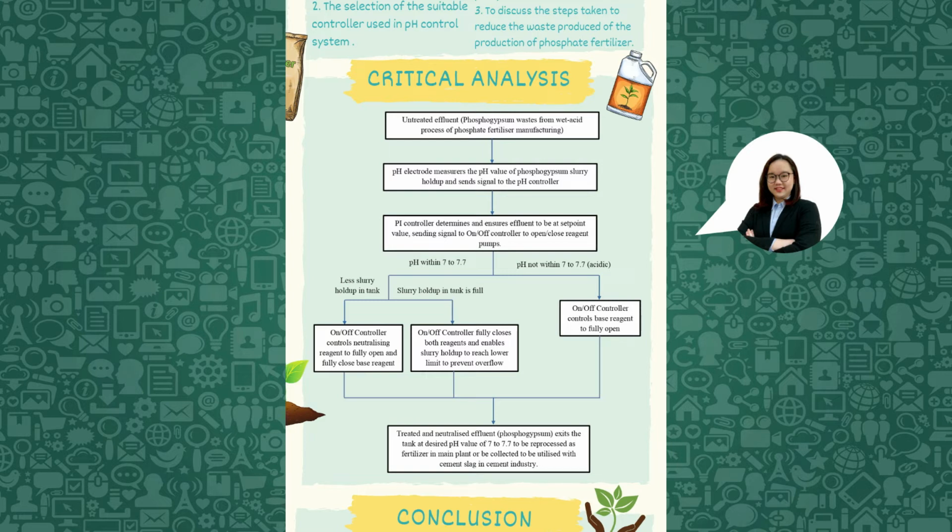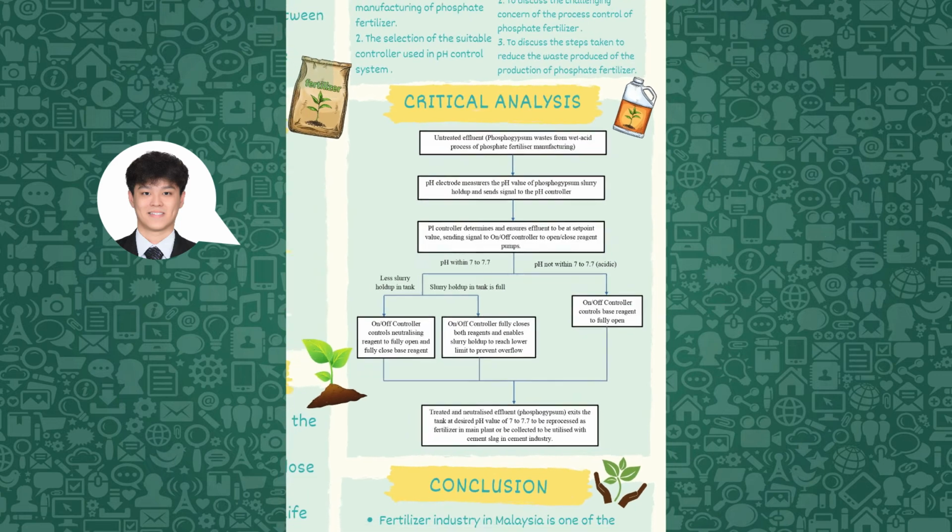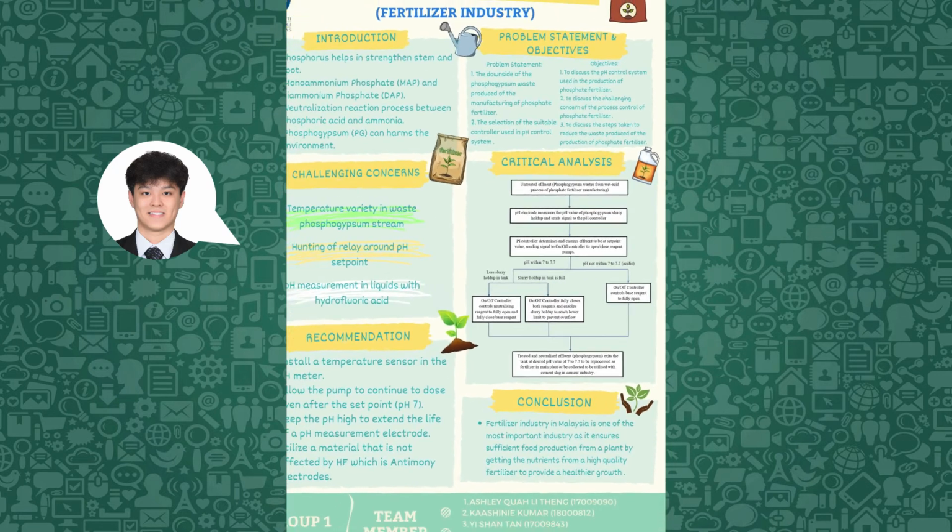This is so that overflow of the tank can be prevented. After the pH of slurry holdup in the tank is determined to be error-free and within the desired set point, the phosphogypsum exits as treated and neutralized effluent to be reprocessed in the main fertilizer plant or utilized in the cement industry. Moving on to the challenging concerns of the pH control system.